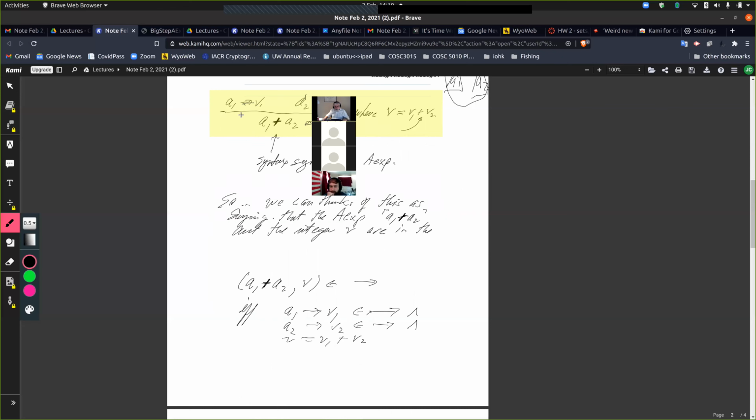Well, you evaluate the left subtree to V1, you evaluate the right subtree to V2, and you add them together. Now this addition is real addition in the mathematical notation. These are integers, so this is integer addition. I take V1 and add it to V2 using integer addition, and I get back the value V.